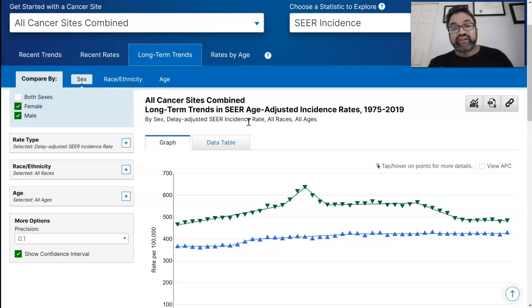Previously, researchers would have to go through microfilm and go through all of this to come up with some of this wonderful information that can easily be discerned now, just at the tip of a click of a few buttons. So here we go. Taking a look, and this is seer.cancer.gov, by the way. Taking a look at how to maneuver through these dashboards.